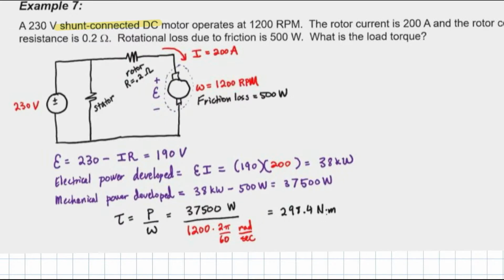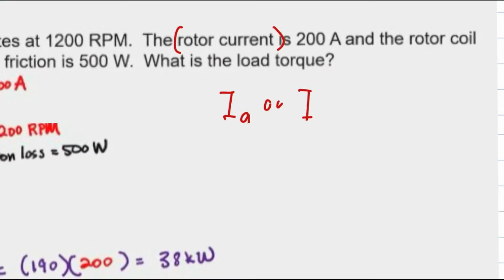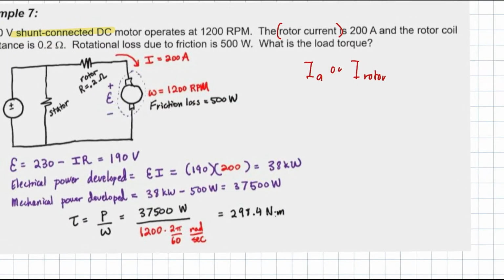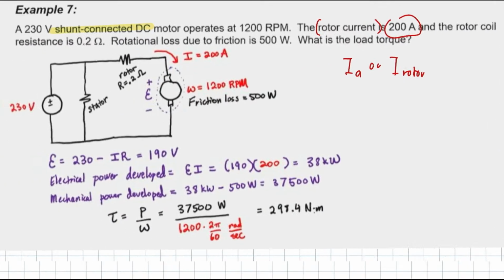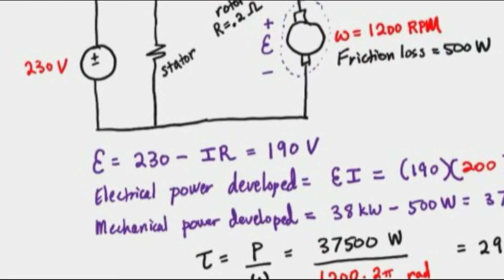So here they have given the rotor current. Rotor current means the IA or the I motor. It has many names, so you guys just memorize the principle. This is the rotor, and they have given 200 A, so it's easy.